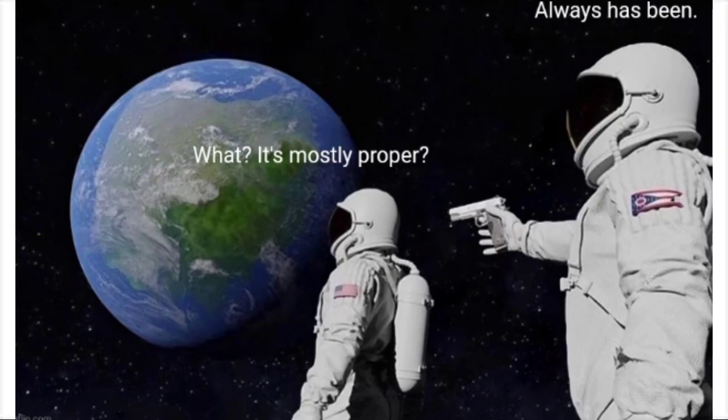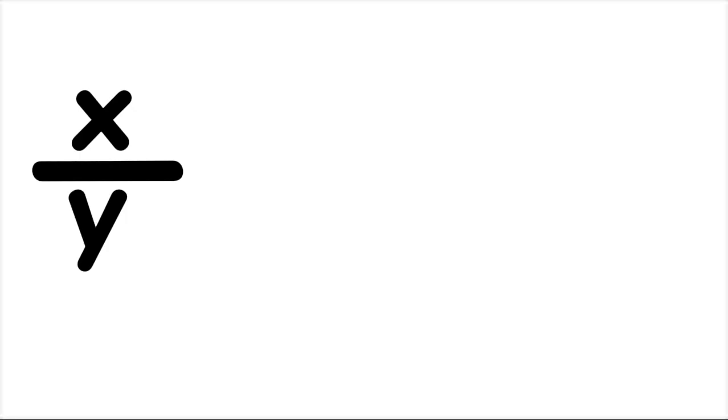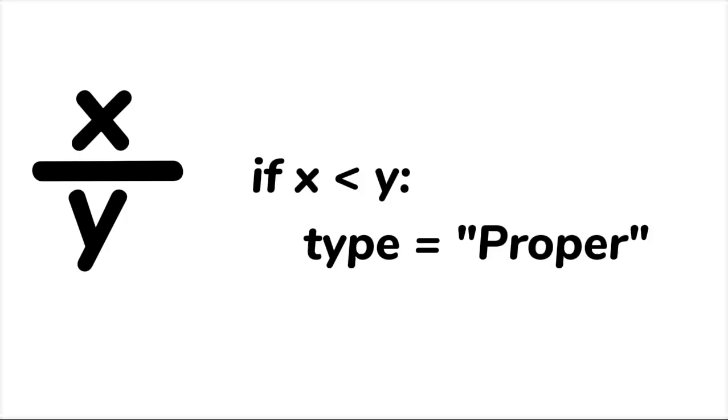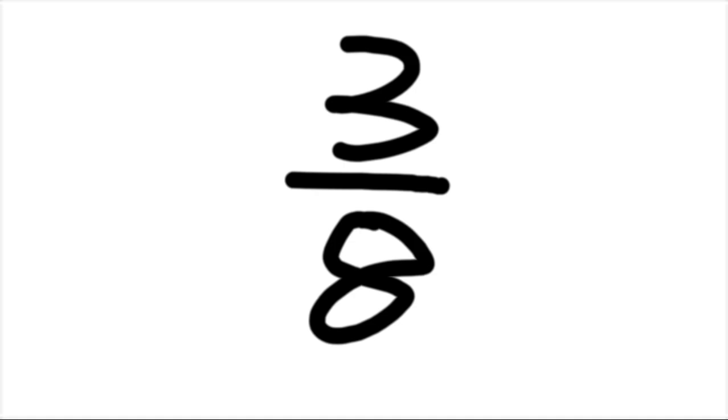And another similar fraction type is the proper fraction. These are the most average fractions, the average Joes of the fractional world. These fractions have a numerator that is less than their denominator. These fractions include 1/2 and 3/8. Okay, right now you are probably thinking, huh?